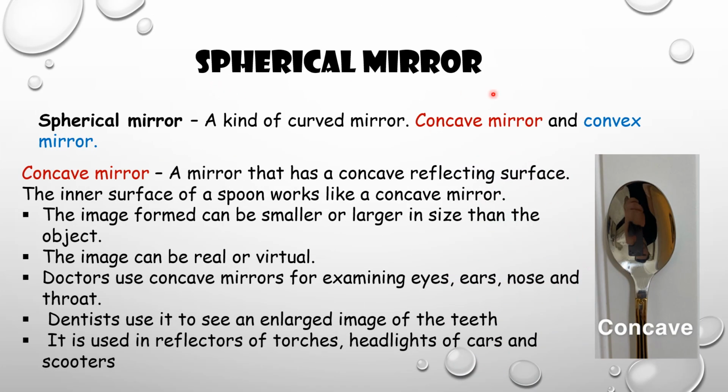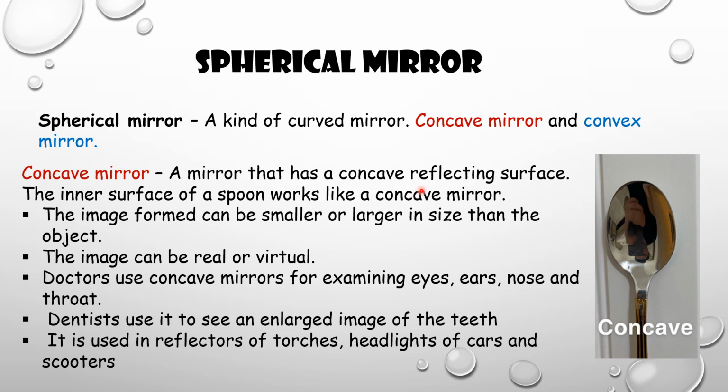Next is spherical mirror. Spherical mirrors are of two kinds and they are called curved mirrors: concave mirror and convex mirror. First we see about concave mirror. A mirror that has a concave reflecting surface. The inner surface of a spoon works like a concave mirror.